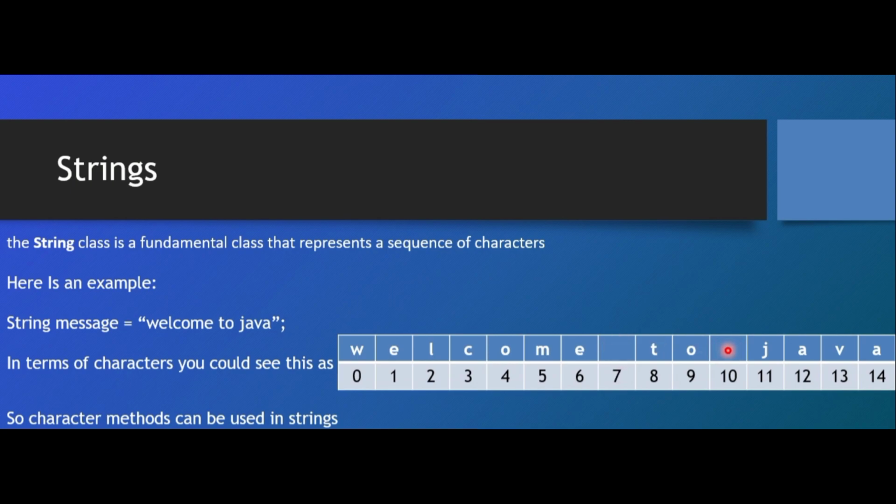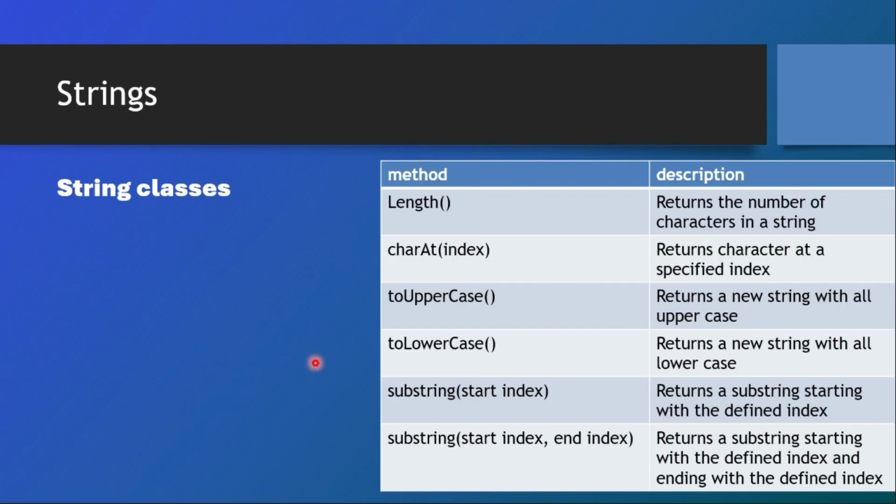Everything that's in here is a character as well. So the Character methods can be used on strings as well, but the String methods cannot be used on characters. Like I said, the String class is a wildcard for some reason. I have no idea, but that's the way it was programmed.